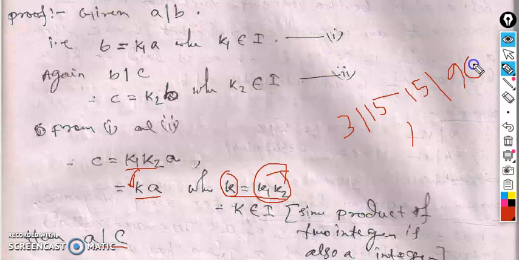From the transitive property we can say this, and we are not bothered to prove it because we have proved it in general. So 3 should be a divisor of 90. So it's the application of the divisibility theorem, which says that it's a transitive property.